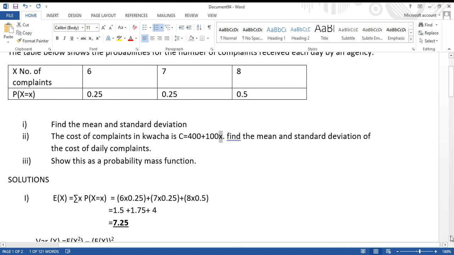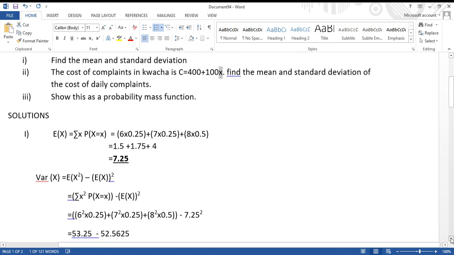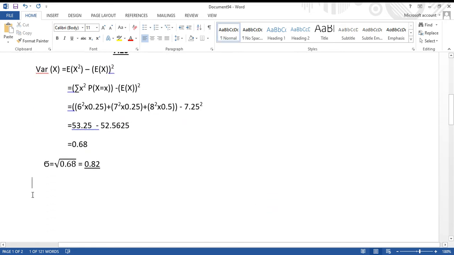So when X equals 6, the cost is 400 plus 100 times 6. 100 times 6 is 600, 400 plus 600, that is 1000.